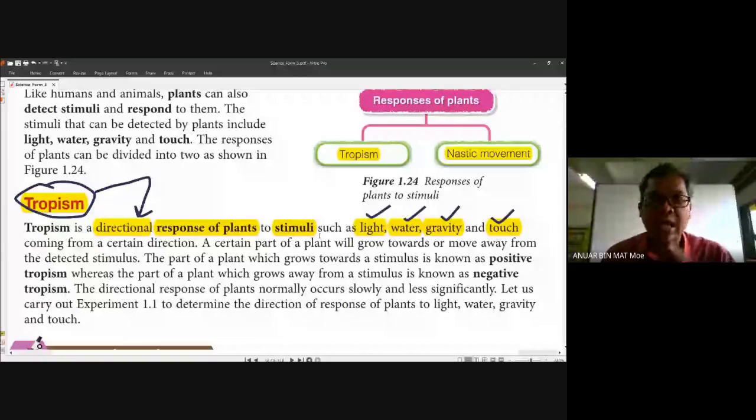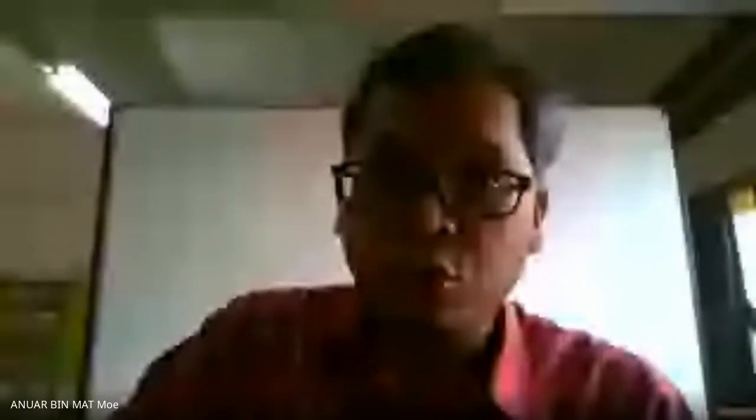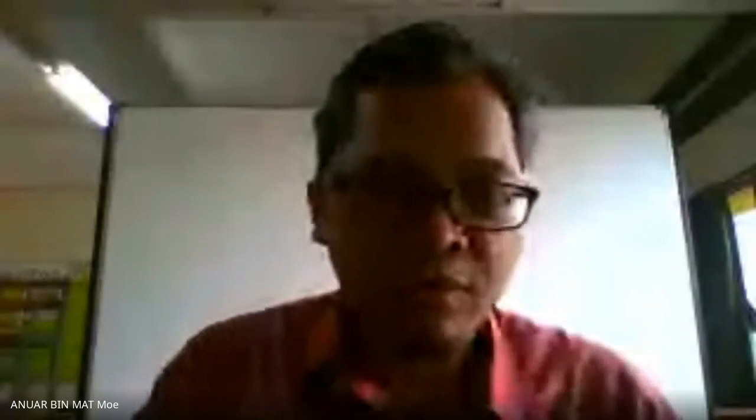Maybe it can go towards the light, or maybe the plant can go in the opposite direction from the light. Okay, boleh faham ini? Right. So the stimuli that can be detected by plant: light, water, gravity, and touch. And then tropism means here, maybe the plant go towards the stimuli or go against the stimuli.